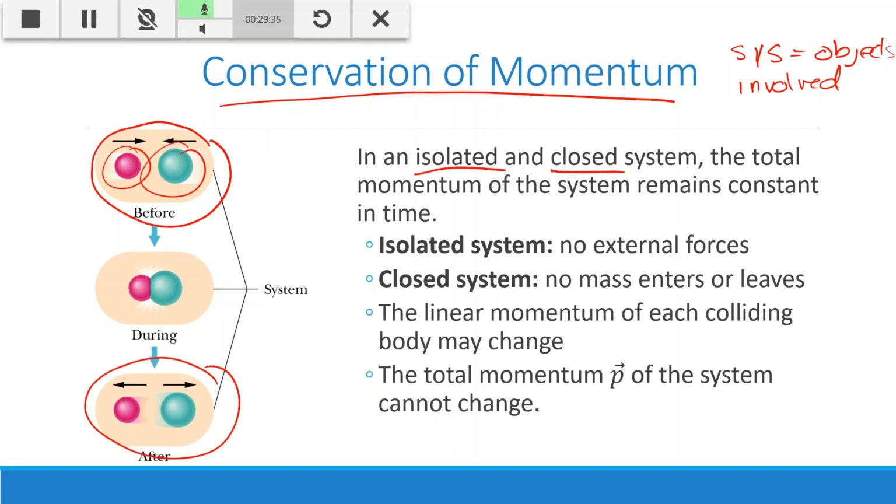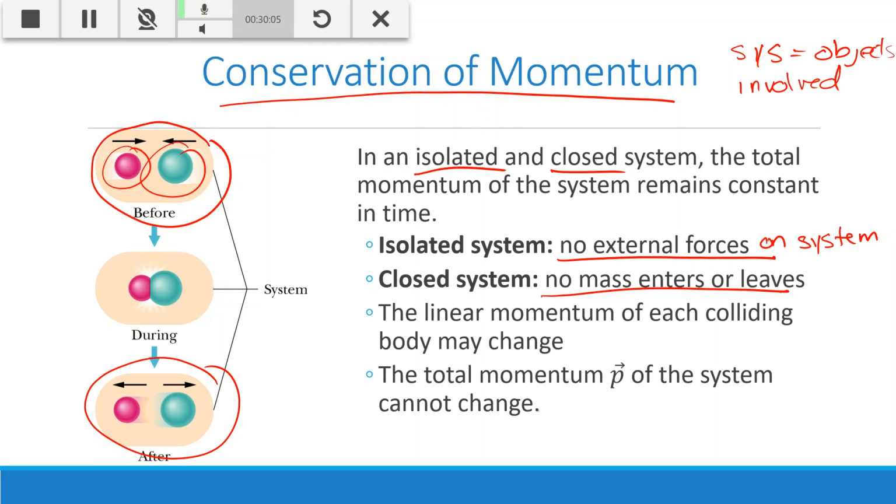This only works if there are no external forces on the system, and as long as there's no mass entering or leaving the system. You have to just be aware. In a lot of cases, if they tell you it's a frictionless system and there are two balls or 2 cars involved, you can generally assume that the momentum is going to be conserved.